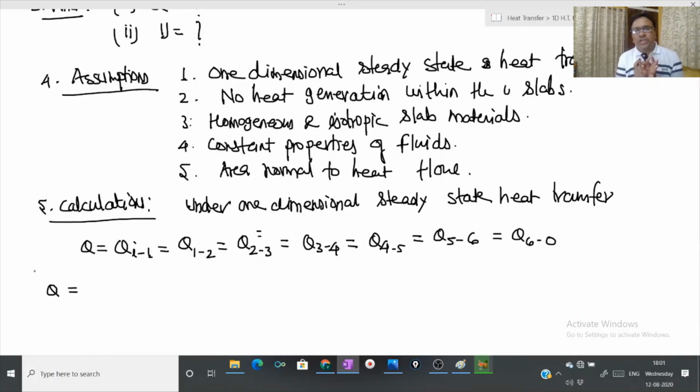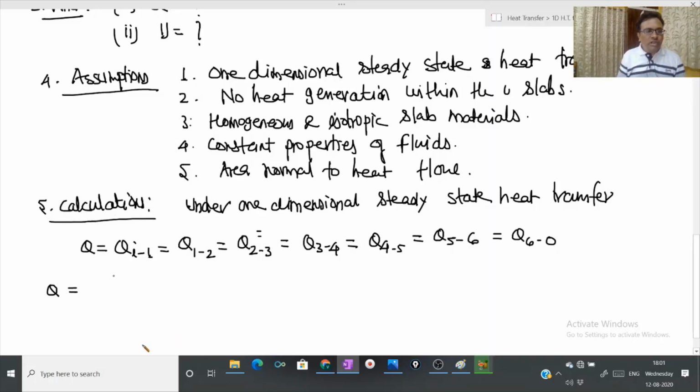Whenever thermal contact resistances are given and you need to write the equation for individual rate of heat transfer, always write in terms of temperature difference and thermal resistance, because thermal contact resistance can be given in terms of temperature difference and heat flux rate. So please remember this.